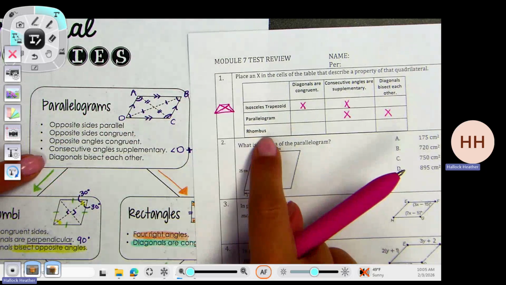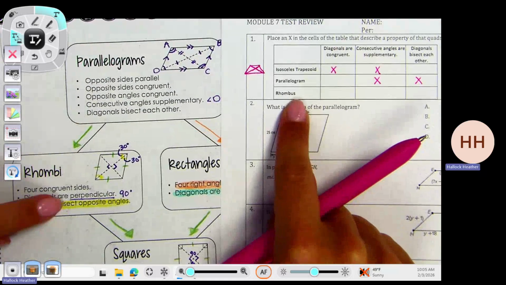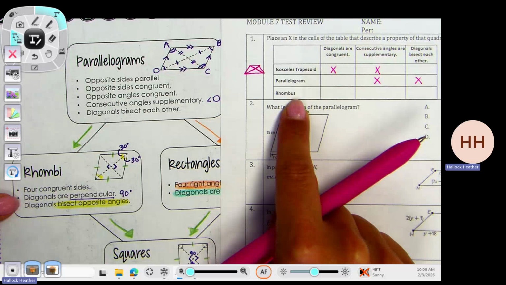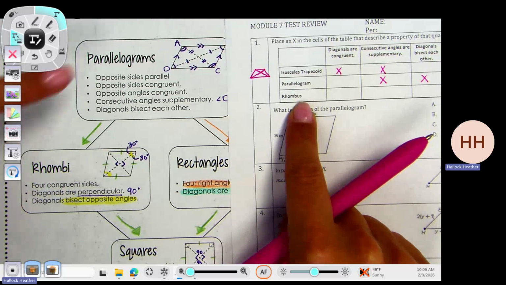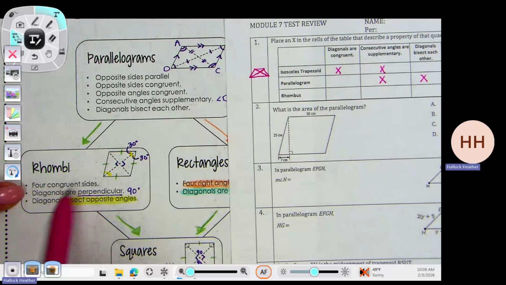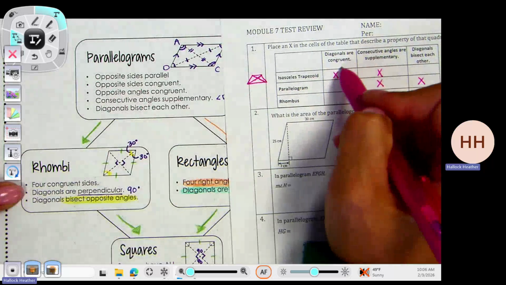A rhombus is down here. A rhombus is everything in this box, but it's also in this box because a rhombus is a parallelogram. So you're looking not only here, but you're looking here because they're connected. It's a family member. So the diagonals are perpendicular, diagonals bisect. Diagonals are not congruent.